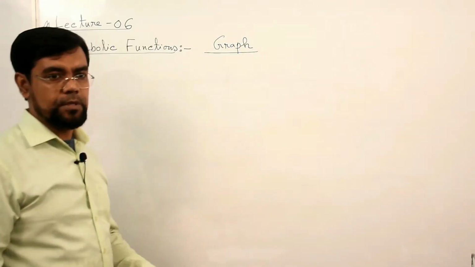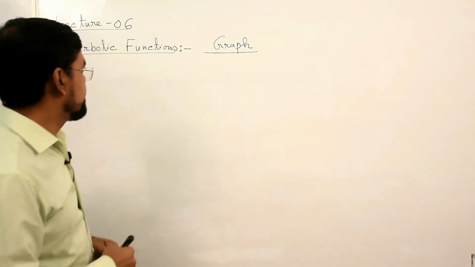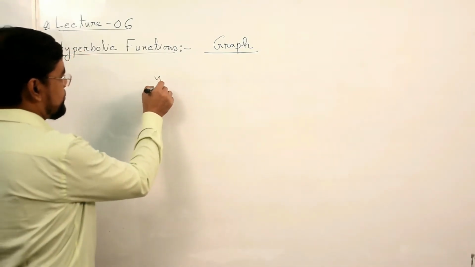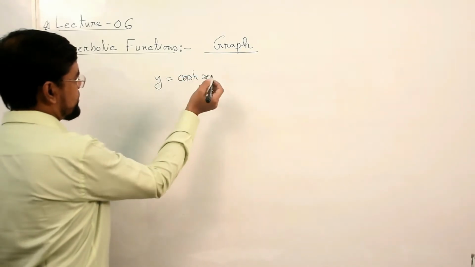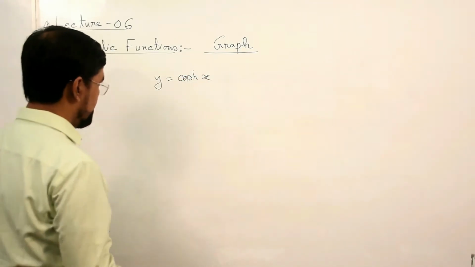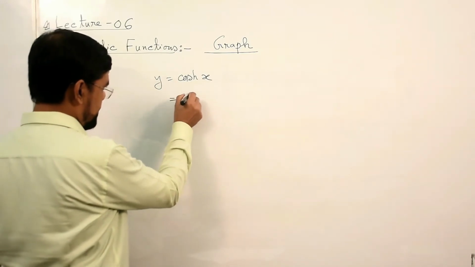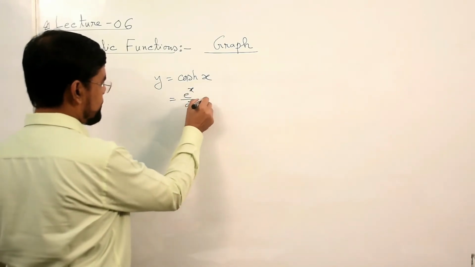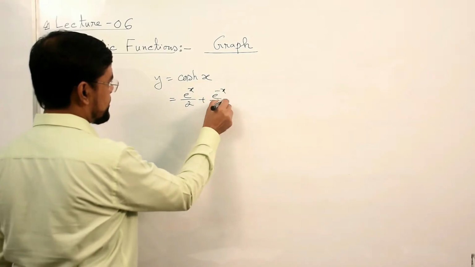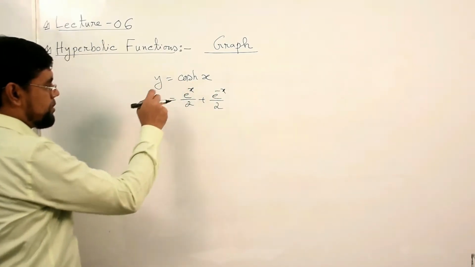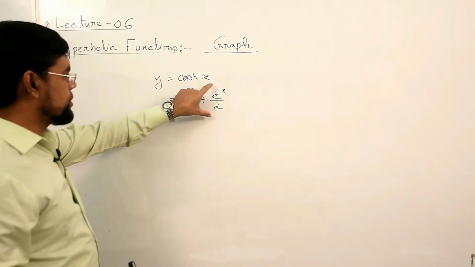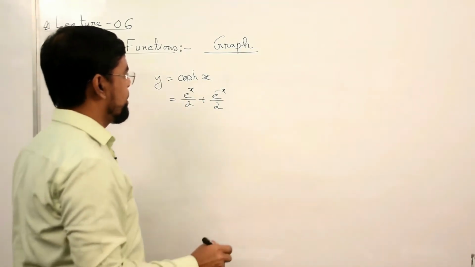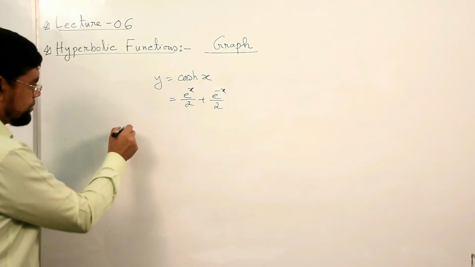How can we graph hyperbolic functions? First, let us try to graph y equals hyperbolic cosine of x, and we know this is equal to e to the power x over 2 plus e to the power minus x over 2. So hyperbolic cosine of x is nothing but the addition of these two exponential functions.